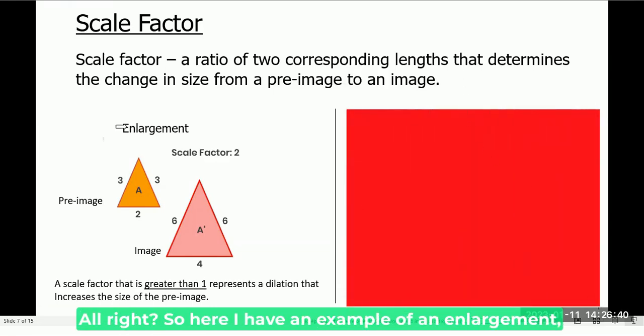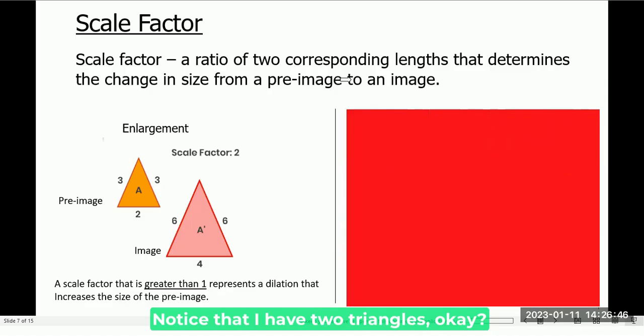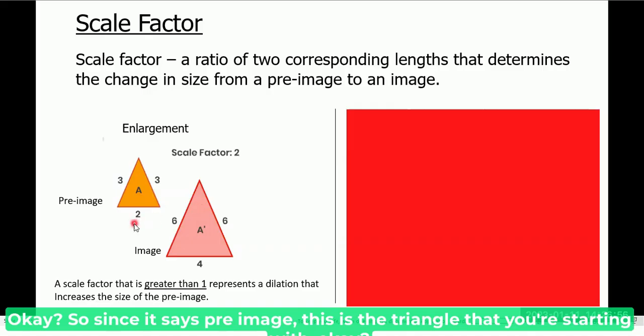Here I have an example of an enlargement. Notice that I have two triangles. We have a triangle here, and then we have this second triangle. Since it says pre-image, this is the triangle that you're starting with.